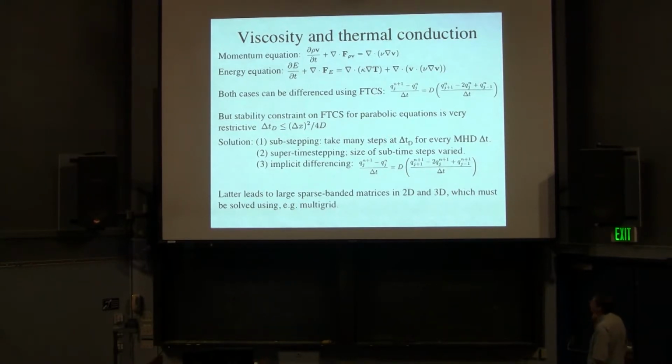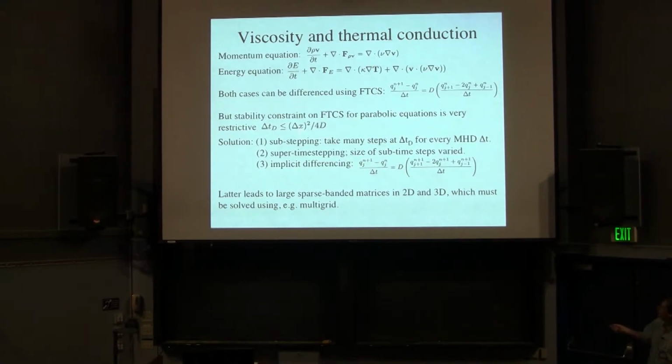You can use something called super time stepping, in which the size of the time step is increased according to a very specific functional form. And what's remarkable is you can prove that that will remain stable even though you can increase the time step for the diffusion step to be larger than the formal stability limit. If you follow a particular functional form for the way that you increase the time step over time, this will remain stable.